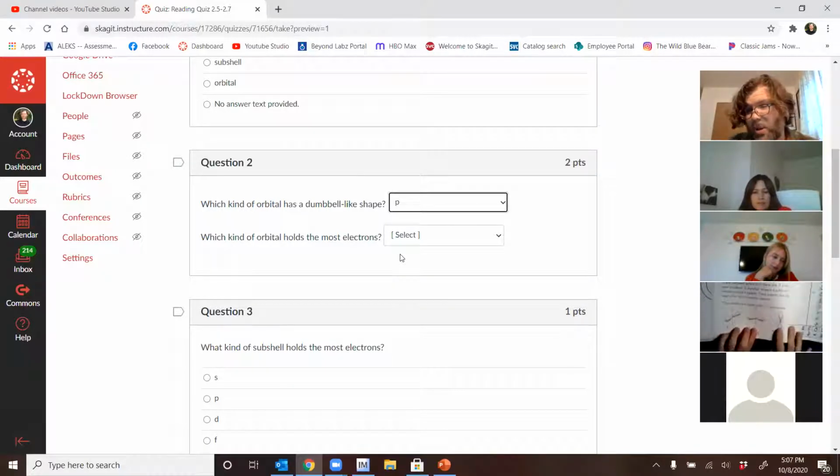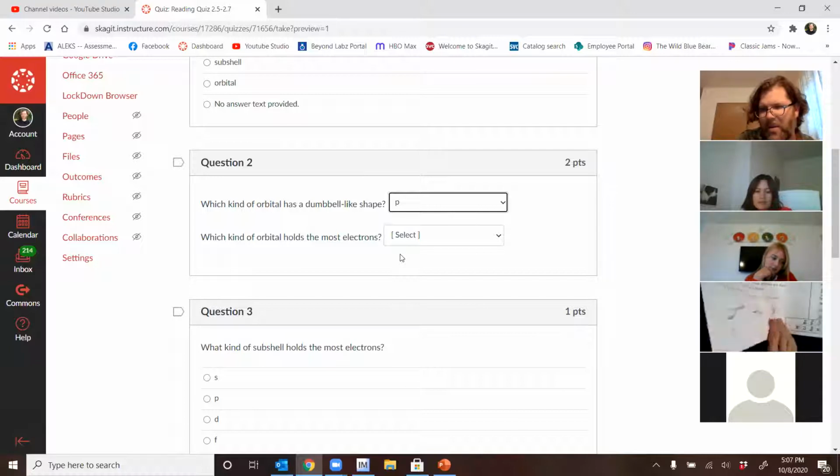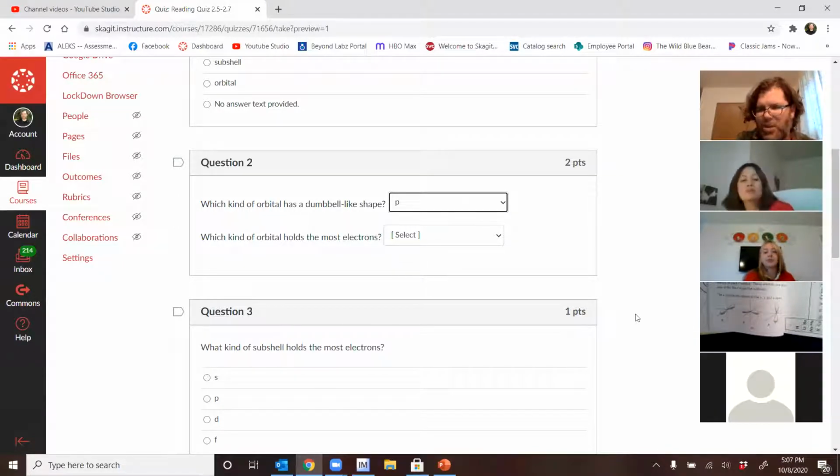Even though I don't like the description dumbbell, for some reason all chemists use it. So I just go along with everybody else, because I assume it's some sort of deficiency in the way that I see it, because it doesn't look like a dumbbell to me. Maybe like a double kettlebell without a handle or something. I don't know, whatever. So anyway, you can see in Jennifer's shared screen right now, it has 2 lobes, just like a dumbbell.